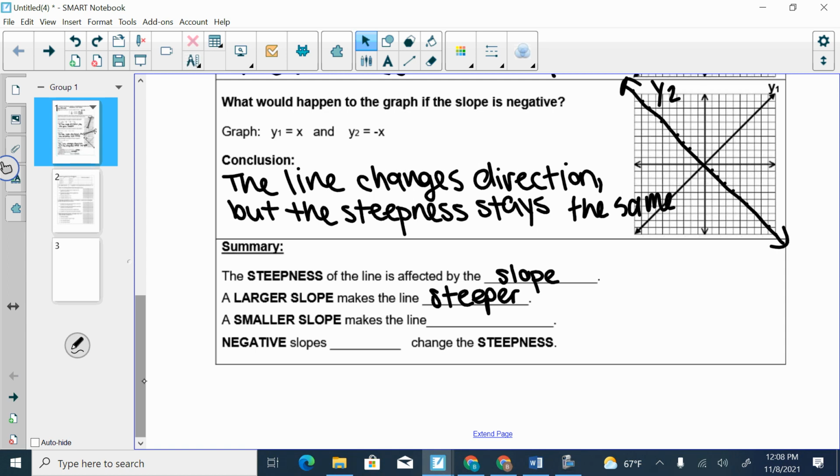Very good. And then lastly, remember we had a negative slope. Did the steepness change at all? No. So negative slopes do not change the steepness. All that happens is it changes direction, right?